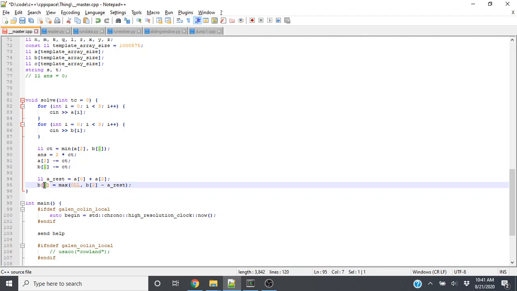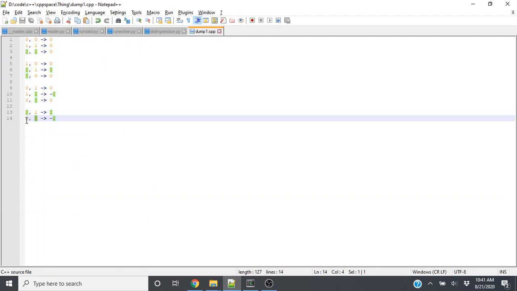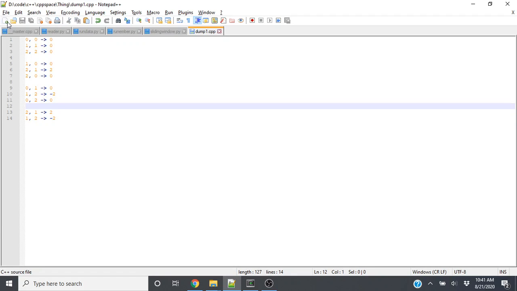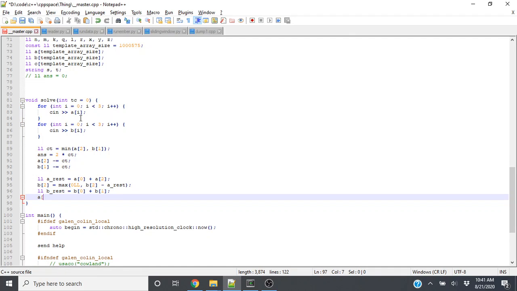This should be B2. LL B rest equals B0 plus B1. Then we want to pair as many 1s in the first sequence as we can with literally anything else. A1 equals max 0, A1 minus B rest.